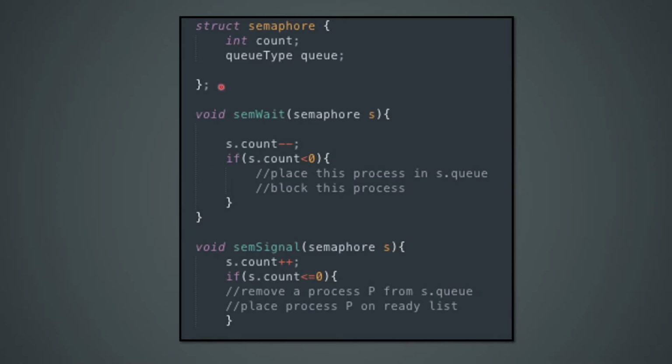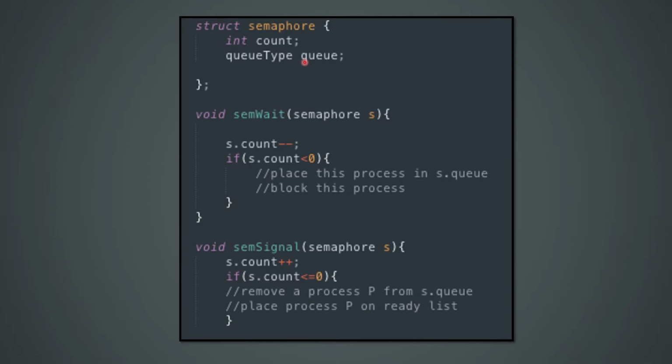So a semaphore is made up of an int count variable as well as a queue. The int count variable takes into consideration the number of processes that can enter a critical region at a time, and the queue type variable is needed to assure that if the critical region is already occupied and can't take in any more processes, then the new processes that want to use the common resource or the critical region are put into the queue.